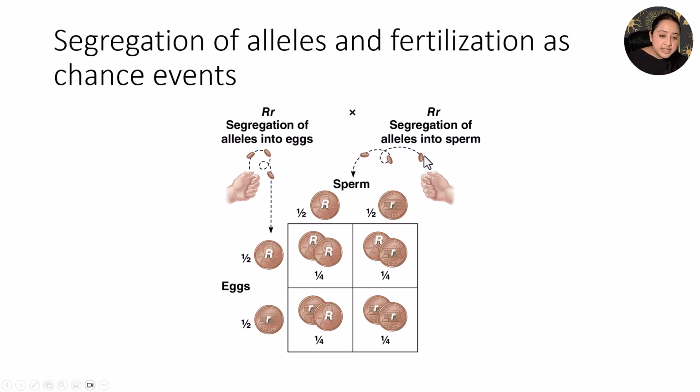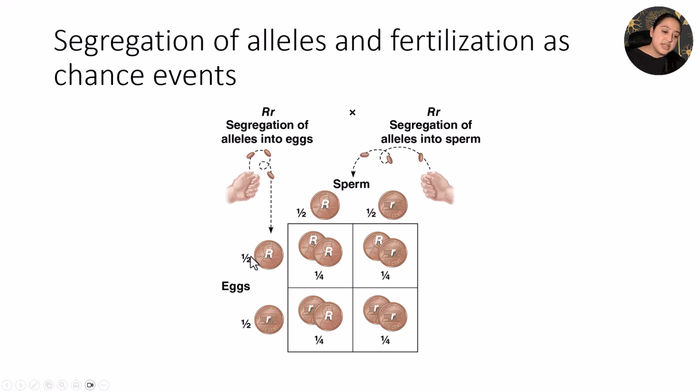If we're thinking about which allele is going to be passed on in a particular gamete, the alleles are 1 out of 2 that it'll be the dominant version if this parent is heterozygous, or this gamete might inherit the recessive allele. So each of these chances are 1 out of 2.